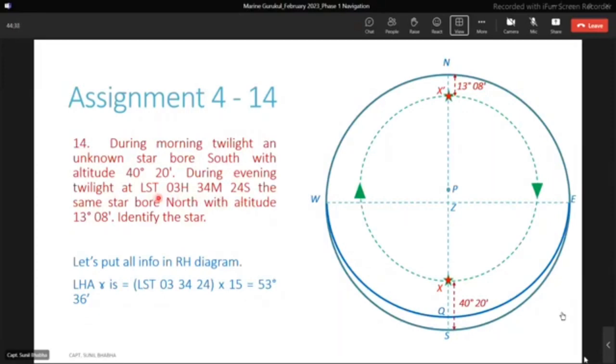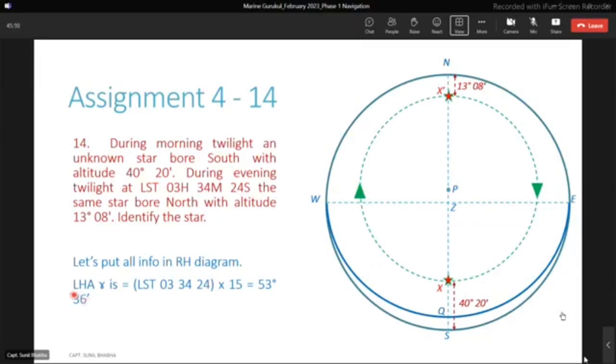And this is in the units of time, 3 hours, 34 minutes and 24 seconds. As I told you, we can easily convert it into angular units by multiplying by 15. So we multiply this LST 3:34:24 by 15 and we get a value of 53 degrees 36 minutes.